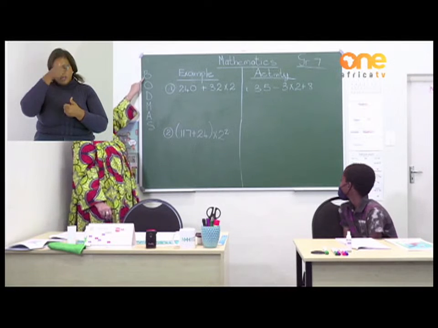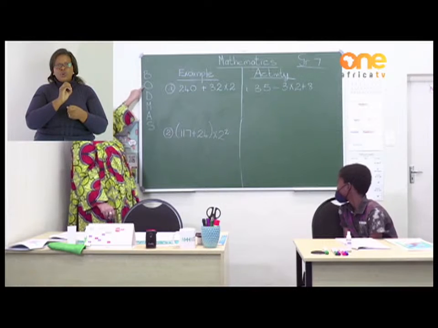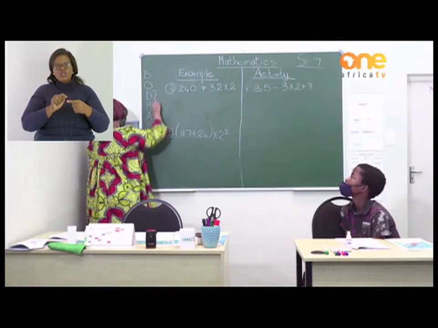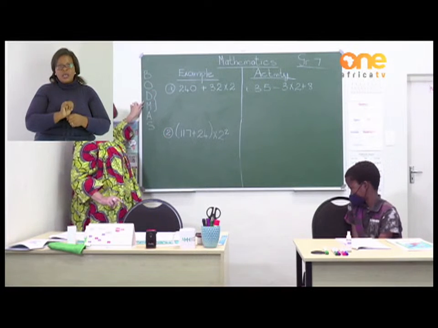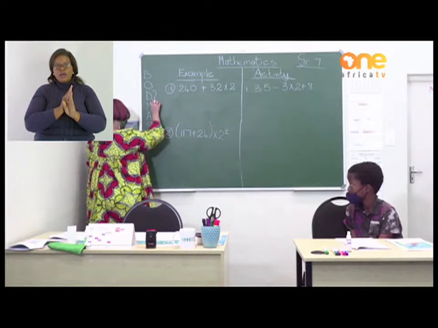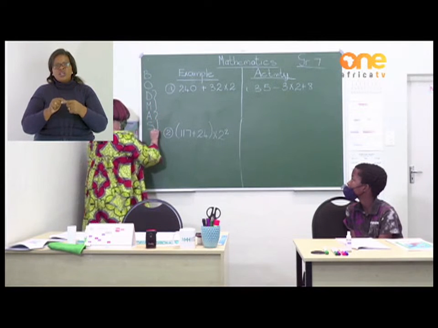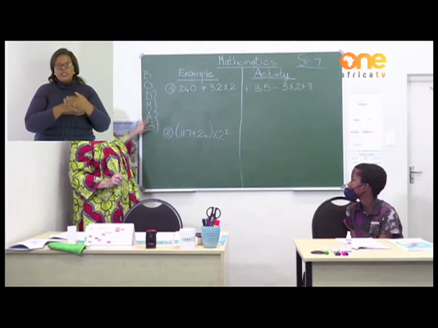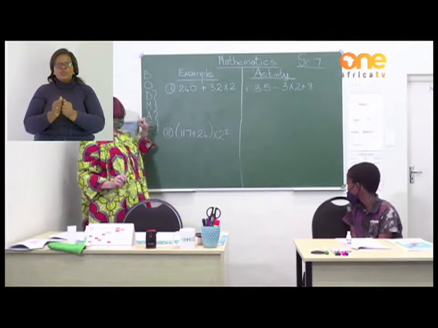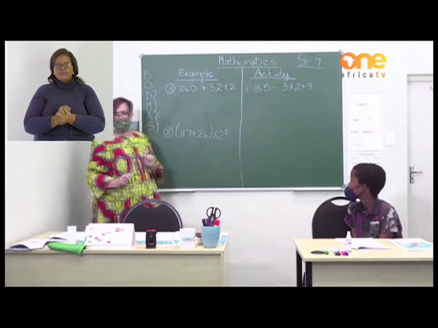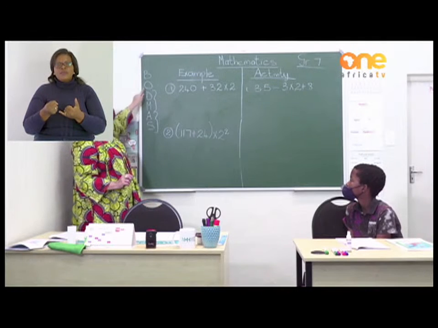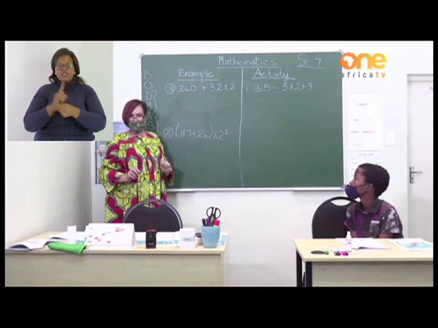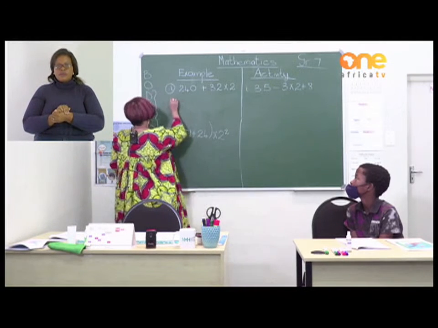remember, B for brackets, O for of, D and M in order from left to right, division and multiplication, as well as addition and subtraction, work from left to right. In this sum, I have addition and multiplication. So what will we do first? According to BODMAS, multiplication will be done first. You are correct.